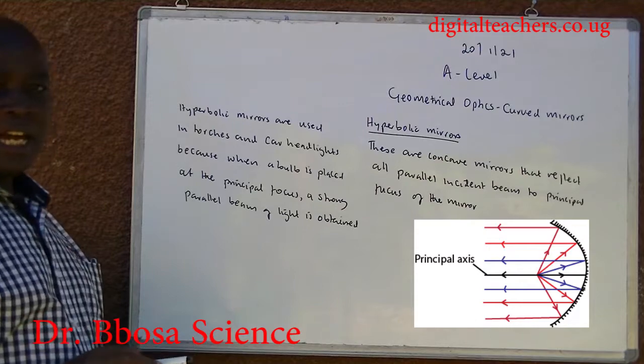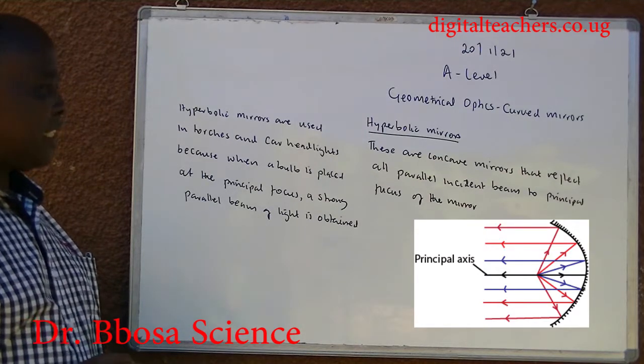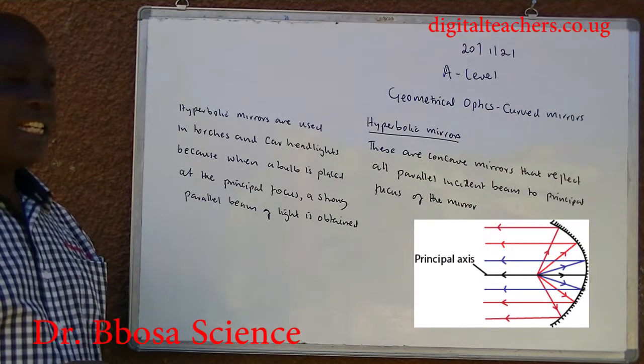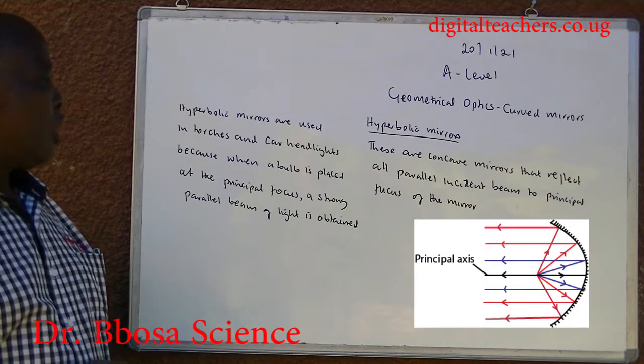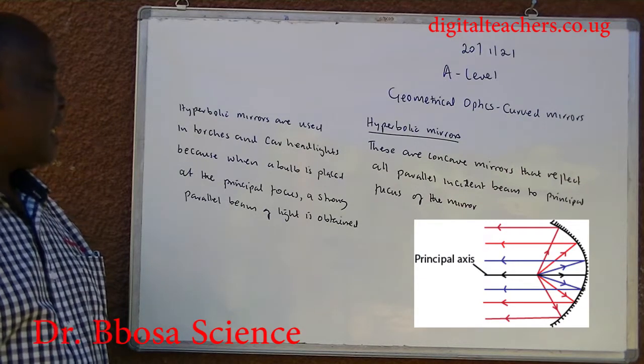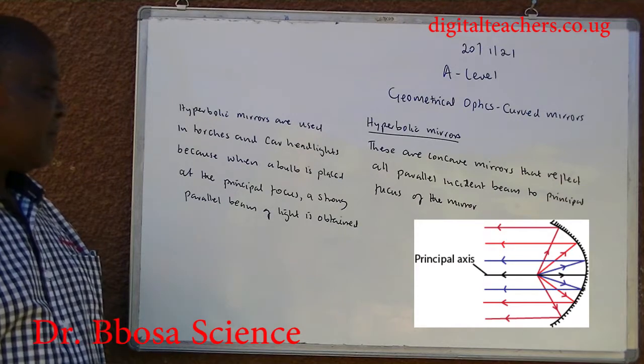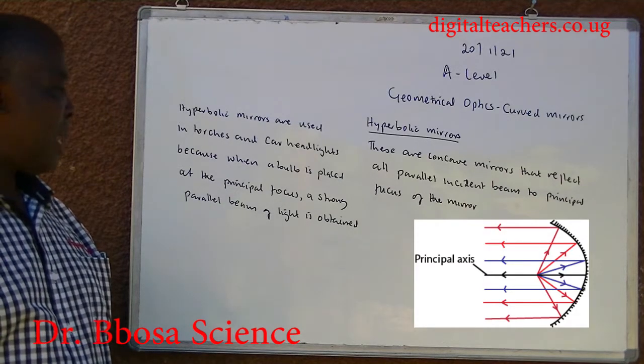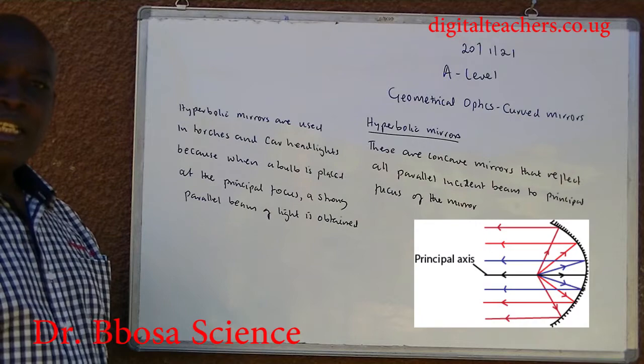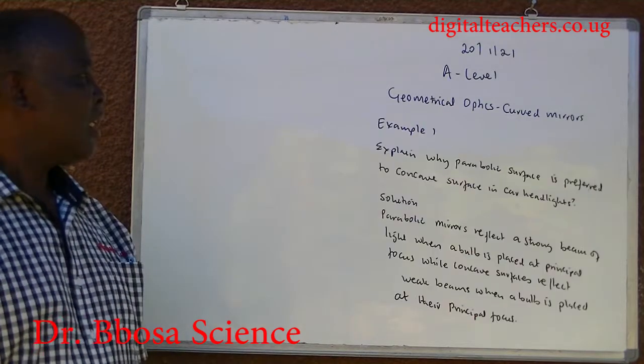Parabolic mirrors are used in torches and car headlights because when a bulb is placed at the principal focus, a strong parallel beam of light is obtained.